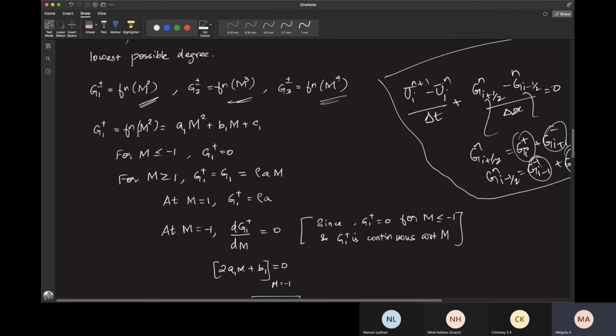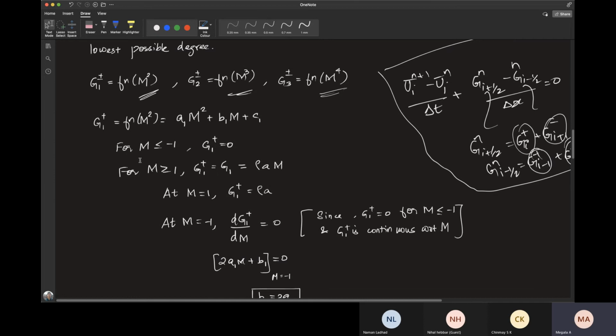So g1 plus will be a1 m squared plus b1 m plus c1, since it's a function of m squared, the highest degree must be m squared. So we have a quadratic polynomial in m for g1 plus. Now we need to find out a1, b1 and c1 using the conditions that Van Leer has put. Using all his conditions, we will be evaluating a1, b1 and c1.